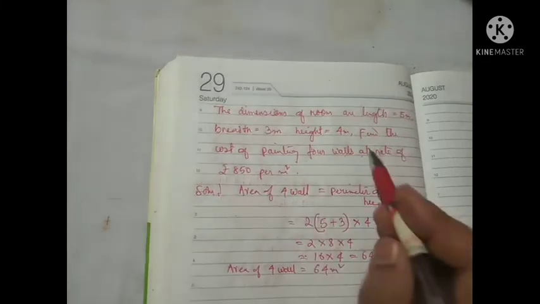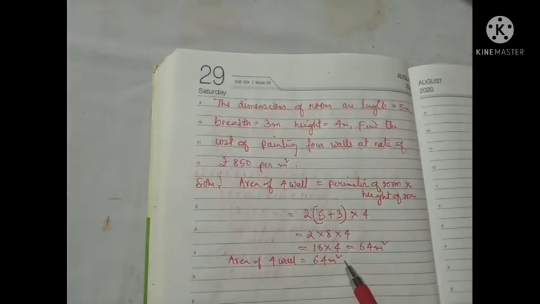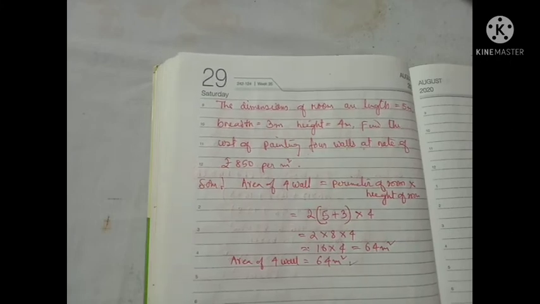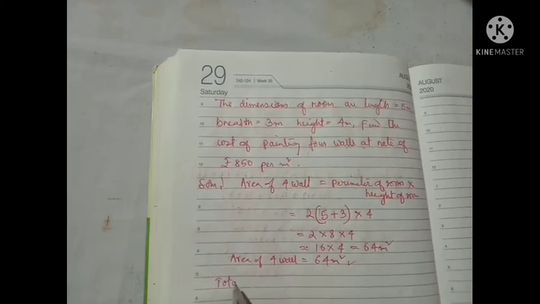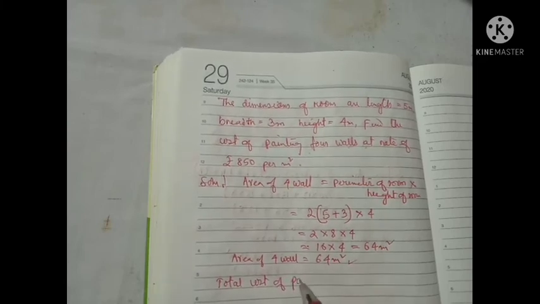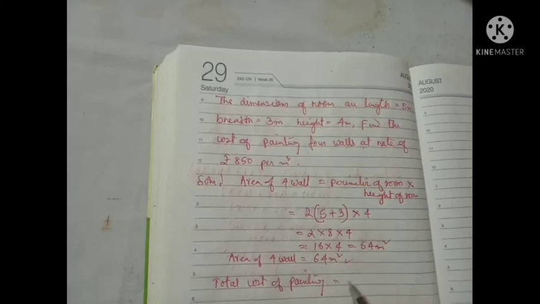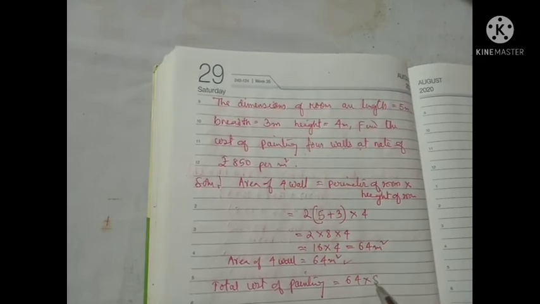Now we are going to find out the cost of the painting for the 4 walls. After getting the area of the 4 walls, the total cost of painting is equal to 64 into rupees 850.